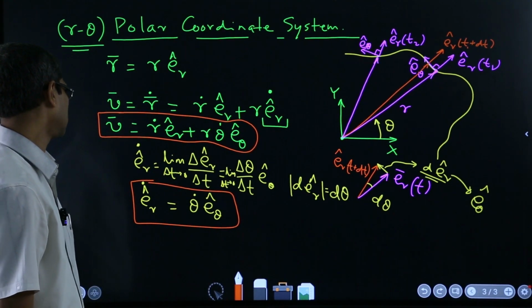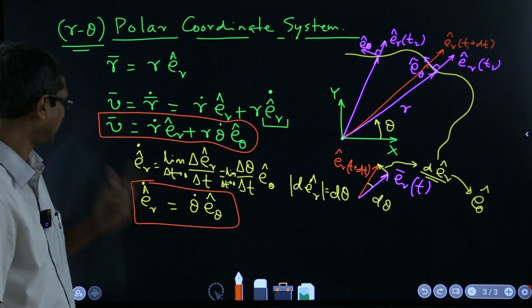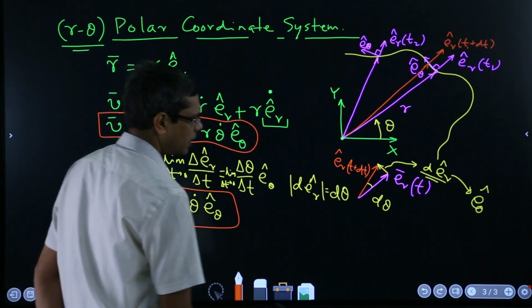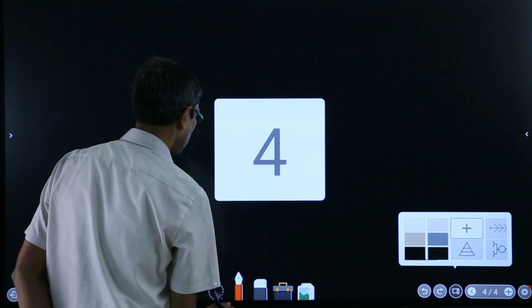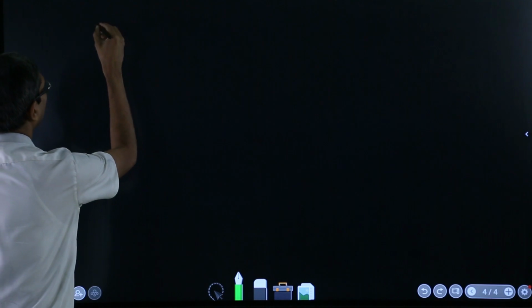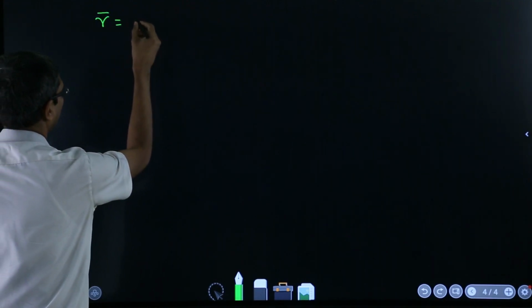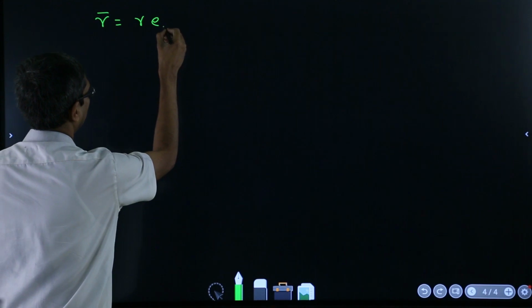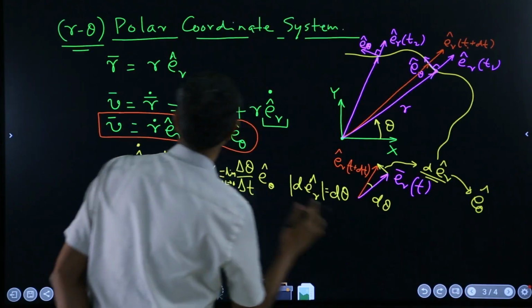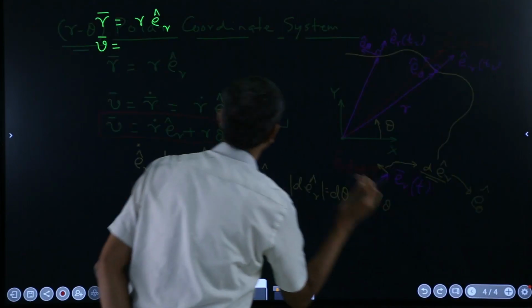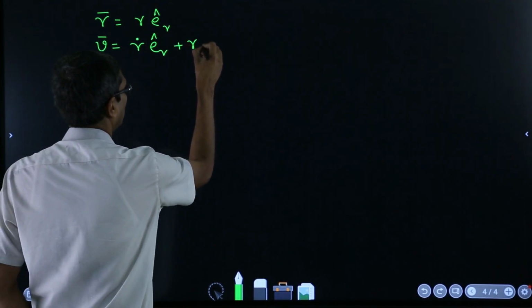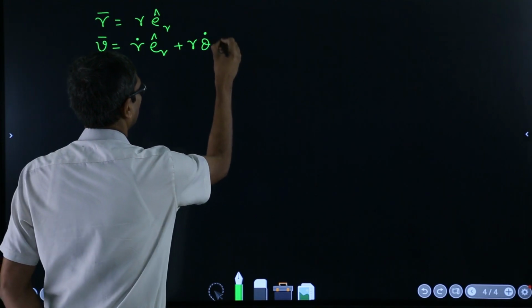Okay. Now can we write the expression for acceleration, which we always wanted to? So let's go to another page and start from the beginning. r is nothing but r e_r, then v we calculated to be r dot e_r plus r theta dot e theta.